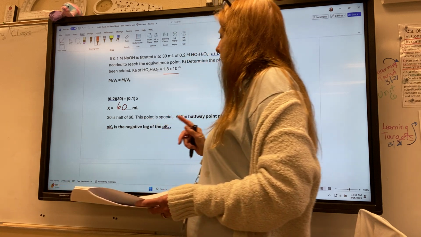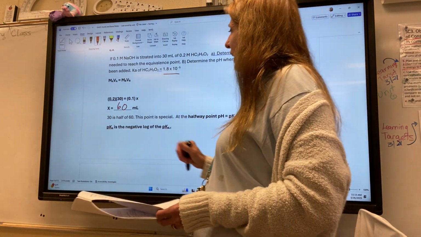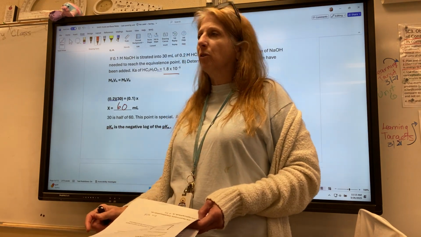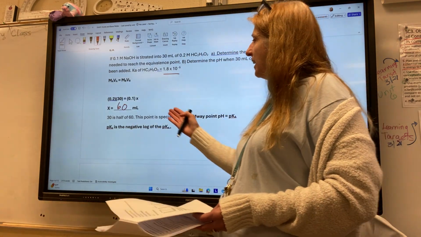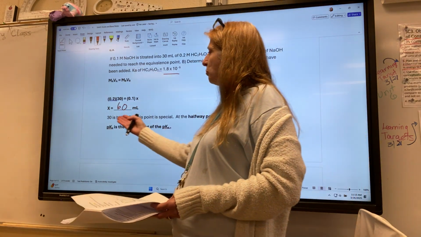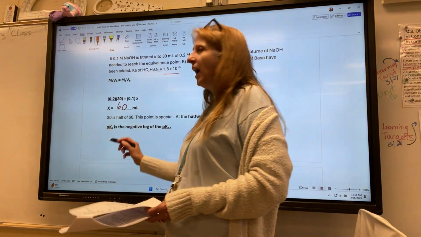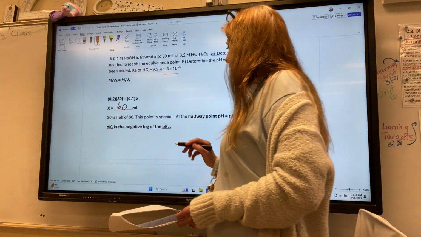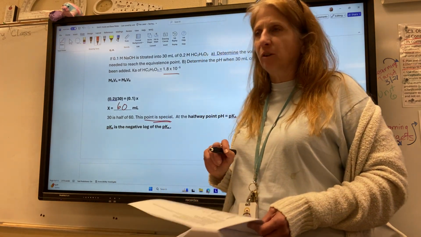Okay, so if we do this titration, the amount of base that we let go out of our burette was 60 milliliters. But then they didn't ask us what was the pH at 60. They asked us, well, what's the pH at 30? Now, 30 is half of 60. So this is a special point. It gives us special information.